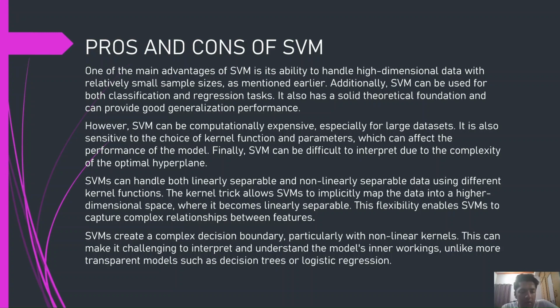SVM creates complex decision boundaries, particularly with non-linear kernels, and this can make it challenging to interpret and understand the model's inner workings. Unlike more transparent models such as decision trees or logistic regression, SVMs are pretty complex in their decision boundaries. So, this is it for this video, guys.